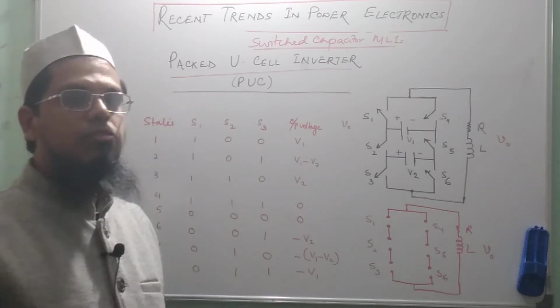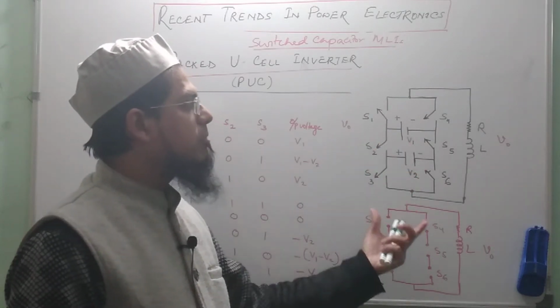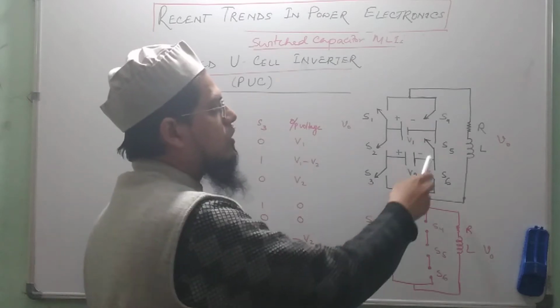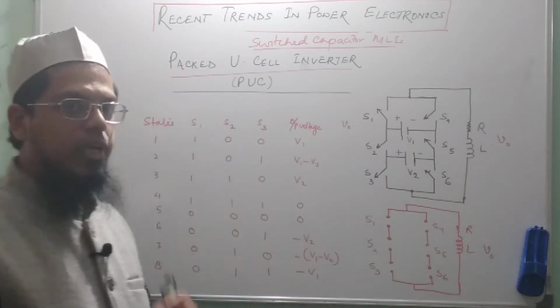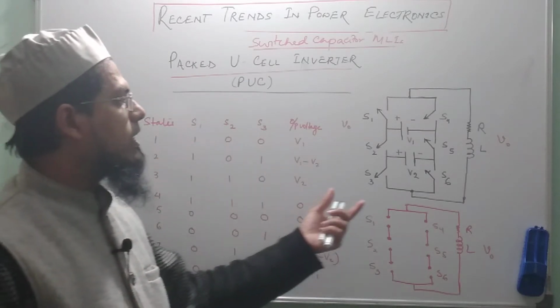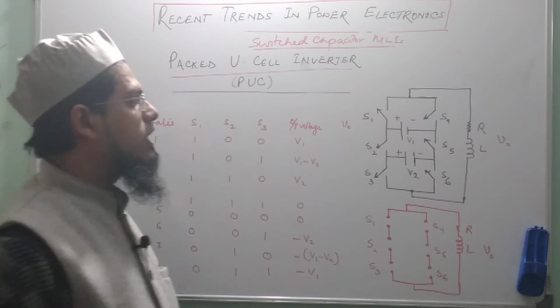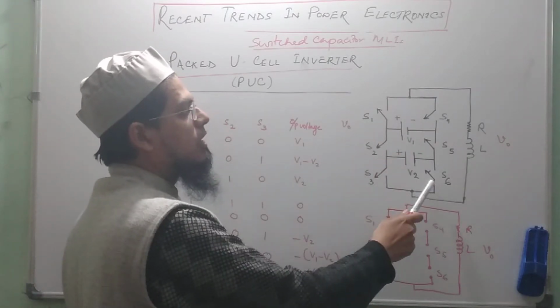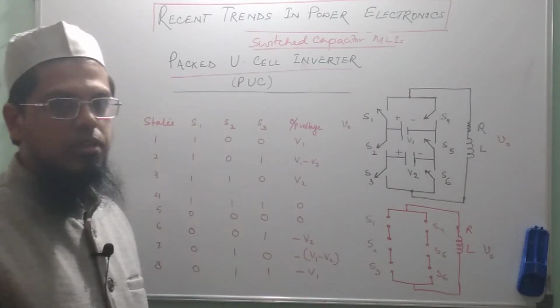That means if we intend to go for higher levels, we can extend this same topology just by adding U cells in cascaded fashion. Right now I have taken the basic version of the PUC inverter, and it involves 6 switches, one battery and one capacitor.